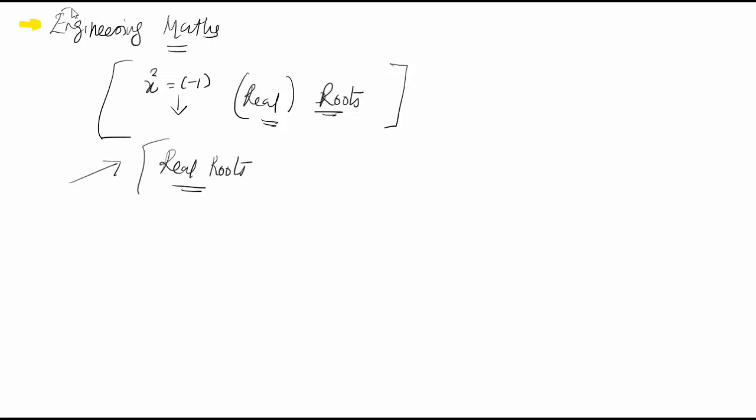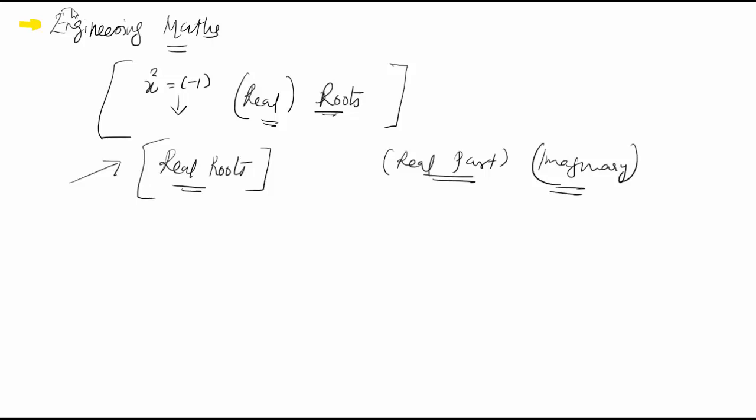you will face a problem where you will need a specific way to represent such a number, where the number will have both a real part and an imaginary part.